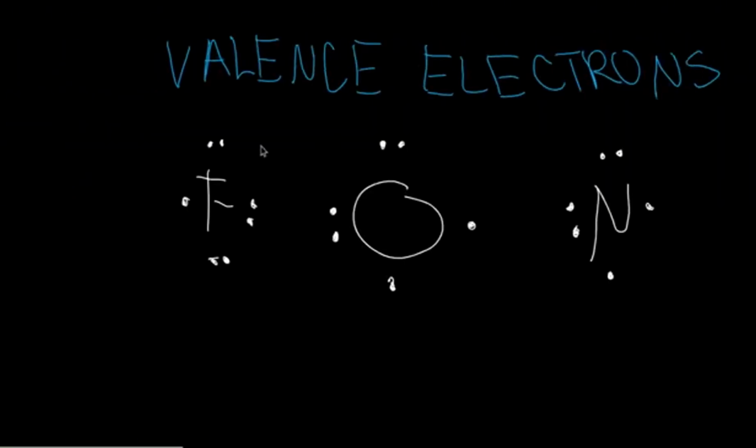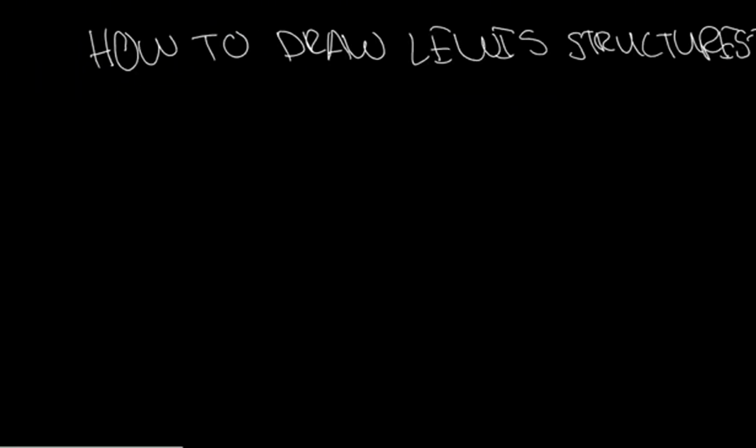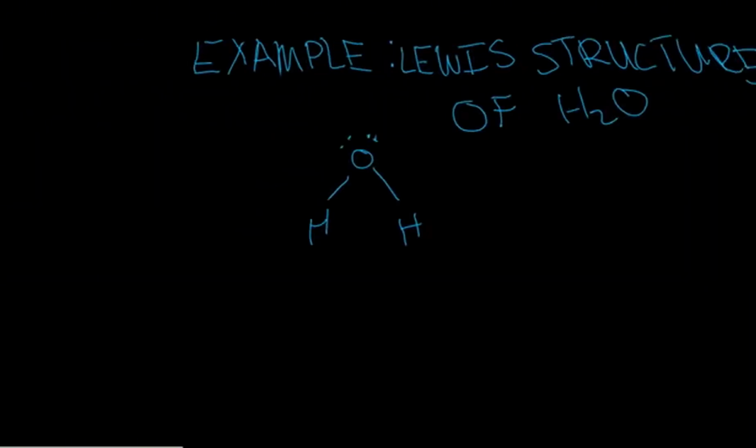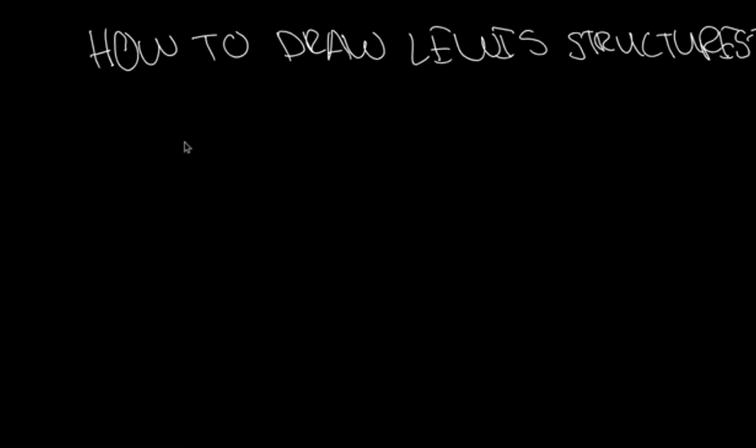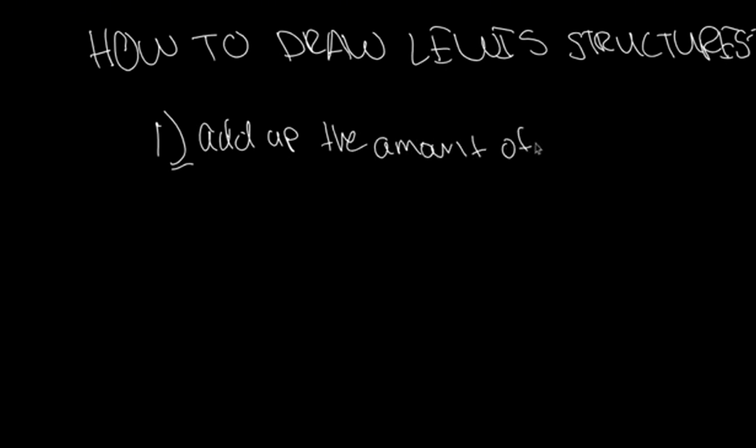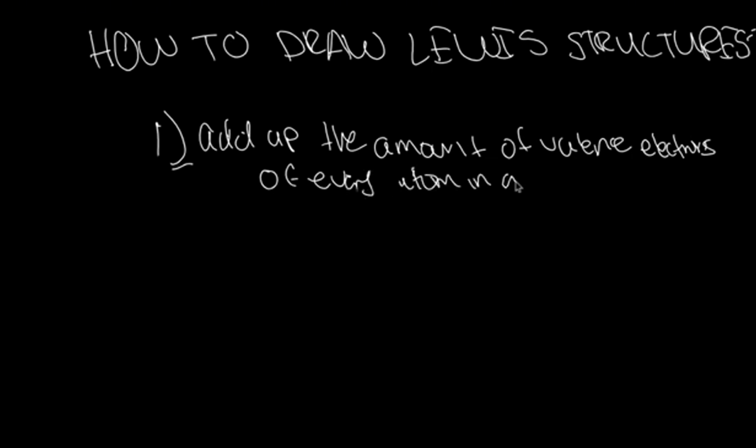So these are the electrons that will react in a compound. Drawing them, however, is a little more difficult. I'm going to write out the steps. First, add up the amount of valence electrons of every atom in a compound.